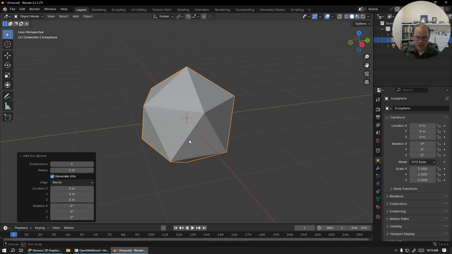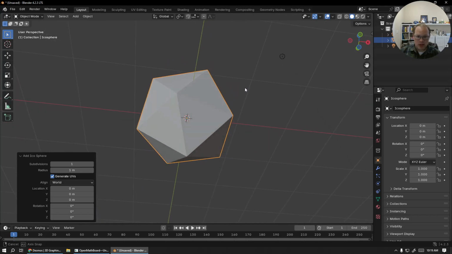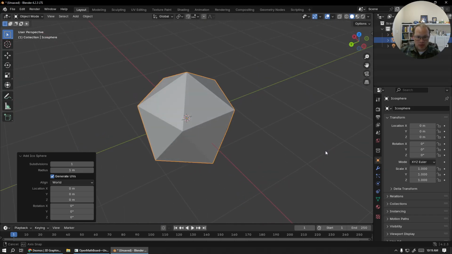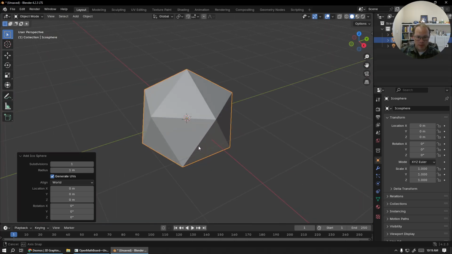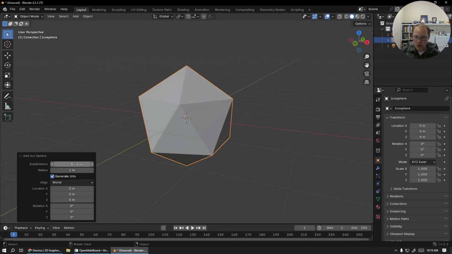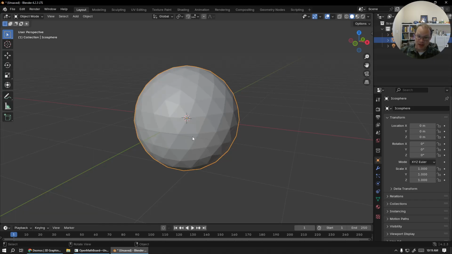Now that doesn't look very sphere-like, does it? But notice that it's definitely made up of planes. Now what happens if I increase the number of planes? Oh hey, now that's looking more like a sphere, doesn't it? If I go a little bit more, that's definitely looking like a sphere.